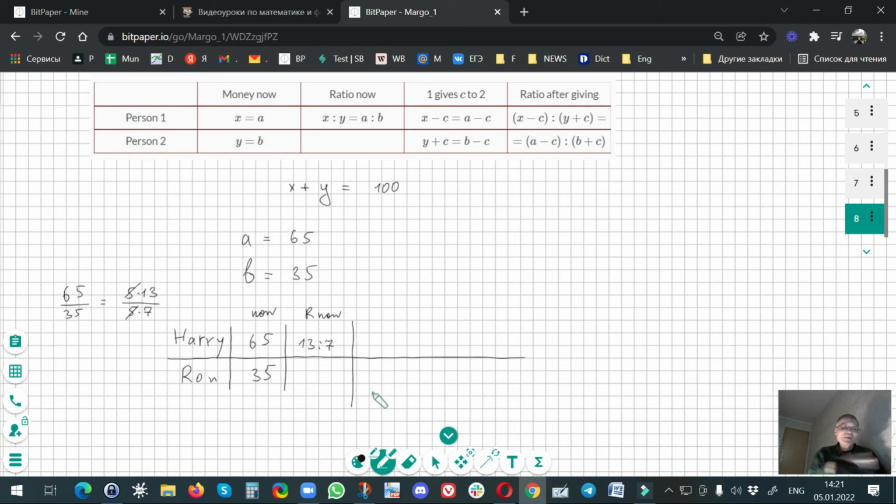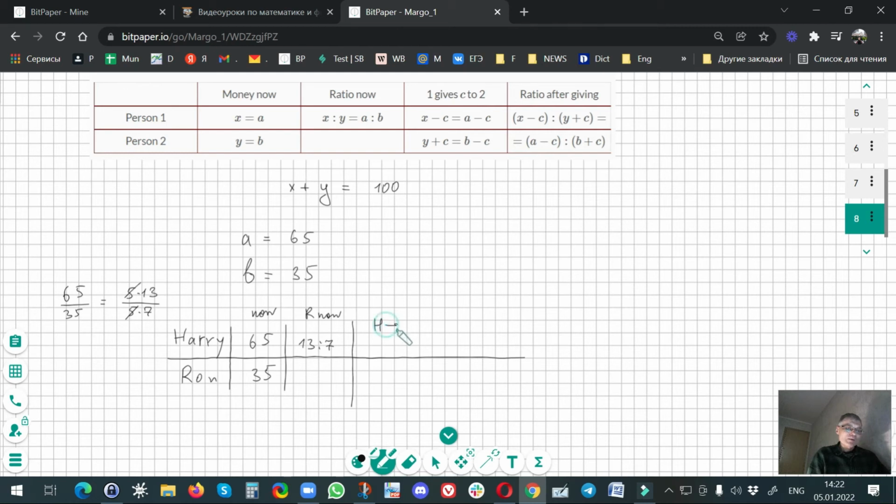We can say he gives the fifth of his money to Ron, but actually, okay, let Harry give 10.